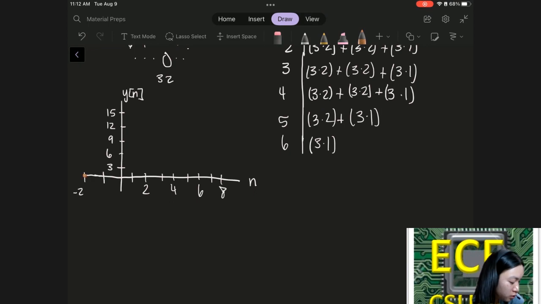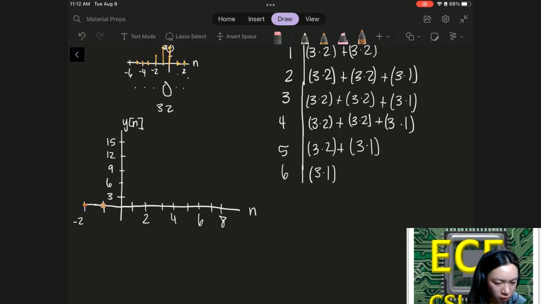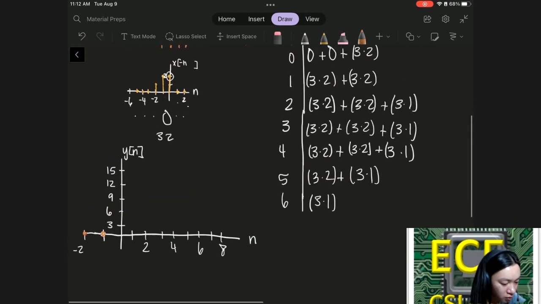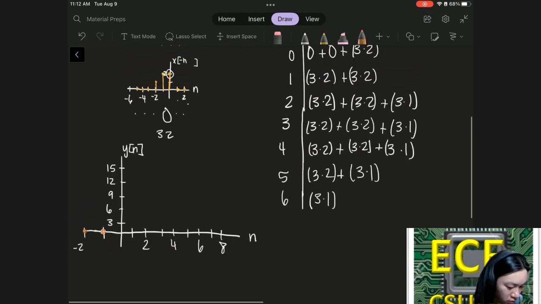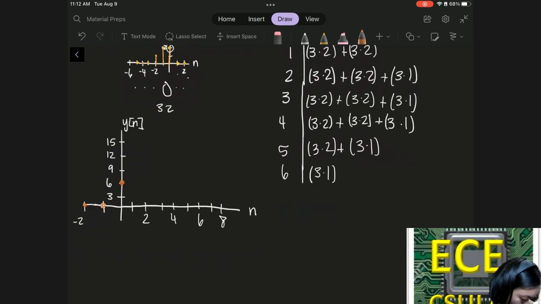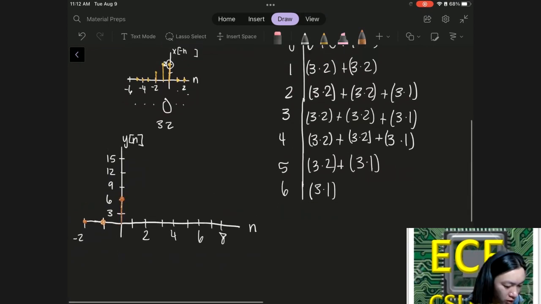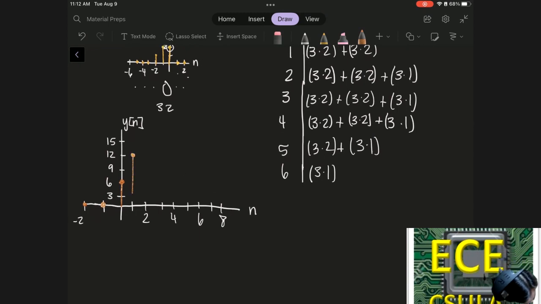Okay, so these were 0. n equals 0 is 6. N equals 1 is 12. Maybe I should have simplified it. Oh well.